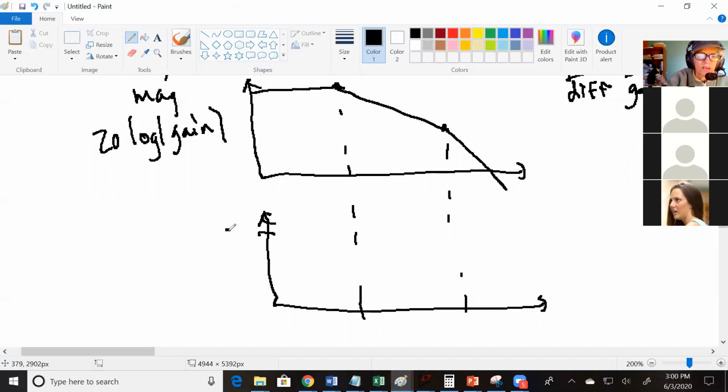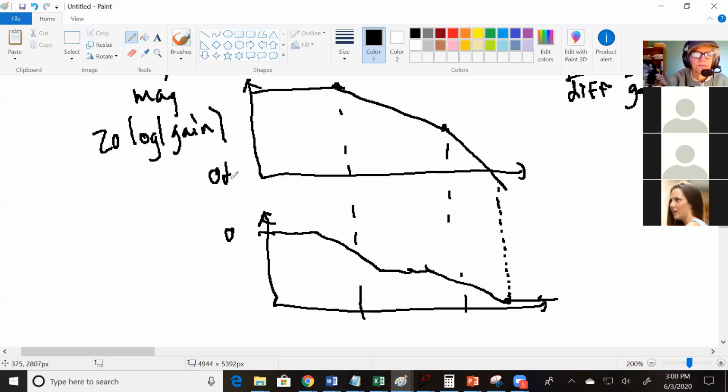So let's draw that in. After that 180 degrees phase shift, if you draw a line up, and Barkhausen decided that it was 0 dB, at 180 degrees phase shift, if your gain is above 0 dB, then you're in trouble.